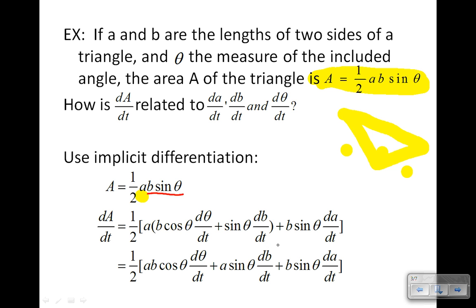And then the big product rule again: first, derivative of second, so plus the second, which is the red part, b sine theta, times the derivative of the first, da dt. From there, I just distribute the a to get that final answer. So this is more of a review on implicit differentiation than anything.